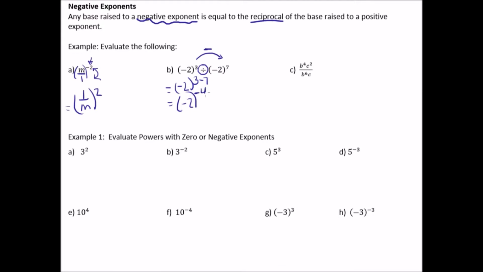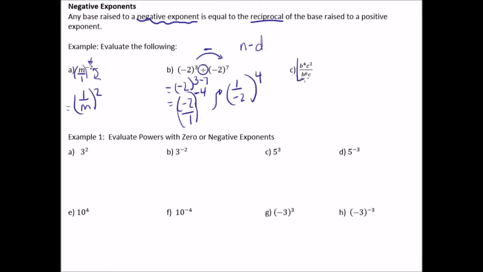A lot of students will put positive 4, simply subtracting the bigger number minus the smaller number, but it's the first number minus the second number, or the exponent in the numerator minus the exponent in the denominator. So we have negative 2 to the negative 4, and this negative 2 is over 1, so we can flip that, 1 over negative 2, and raise it to the exponent 4.